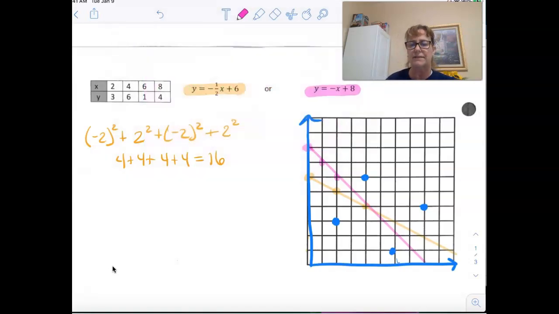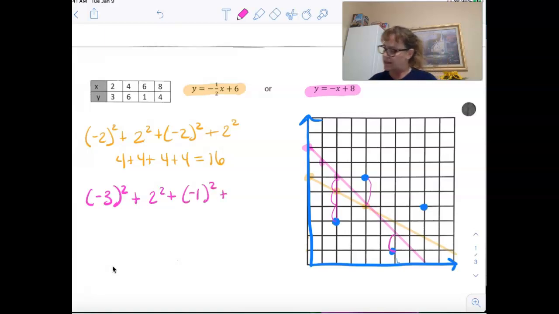All right, let's do the pink line. Pink line. To get from the line to the data point, you had to go down, and you went down 1, 2, 3. So this is a negative 3 squared, plus the next one, we went up 2. So this is 2 squared. Then on the next one, we went down 1, negative 1 squared, plus on the final one, we went up 1, 2, 3, 4.